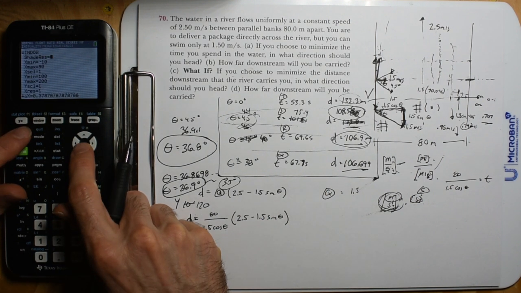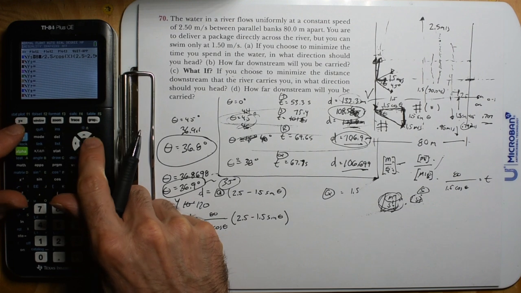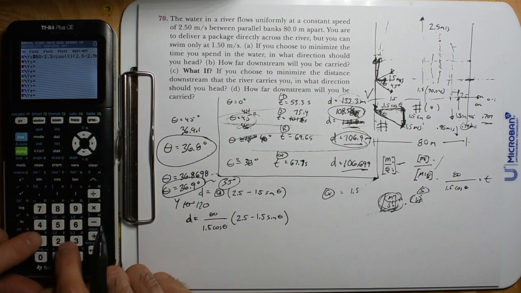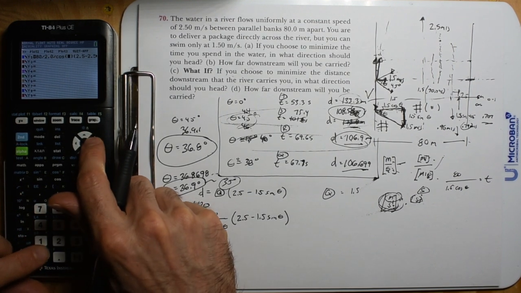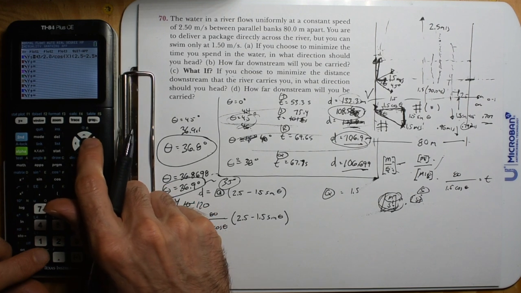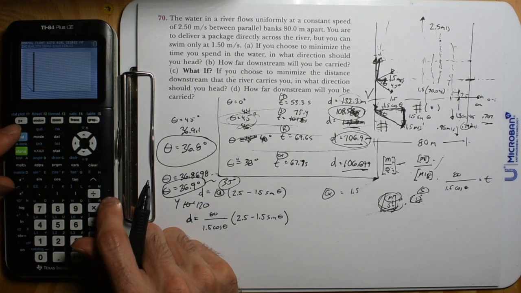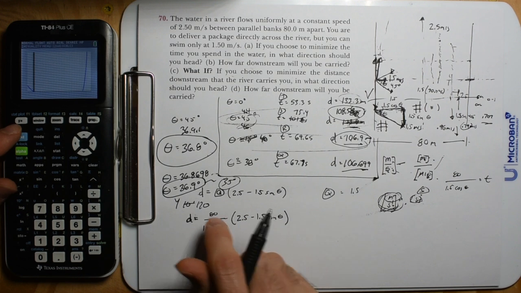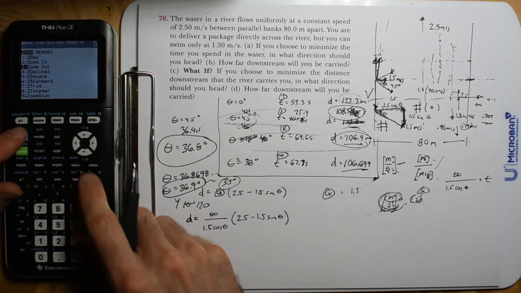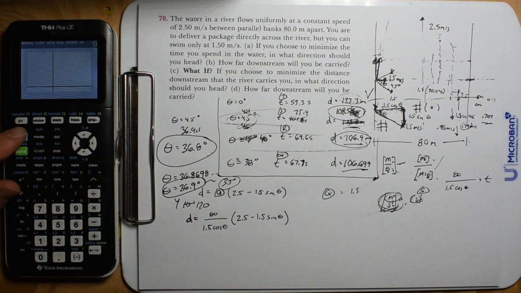Why didn't it like that? Let's just go 2.0, and then 2 minus 2.0. Oh, weird. So we can zoom out.